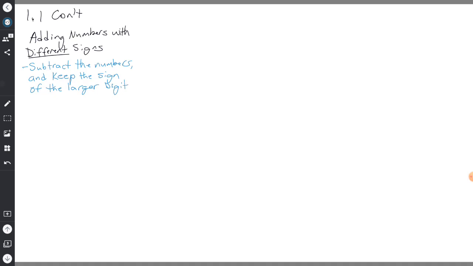So we actually do subtraction of the numbers this time and then keep the sign of the larger digit.